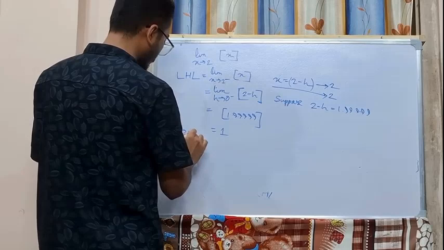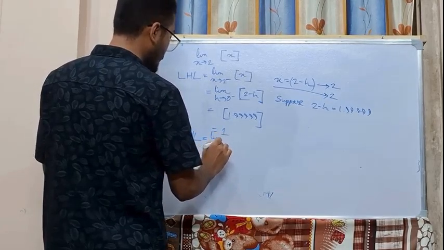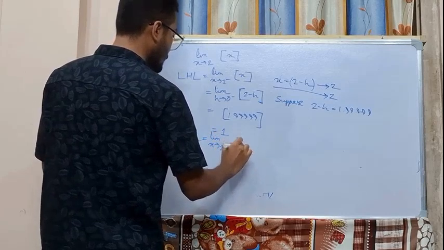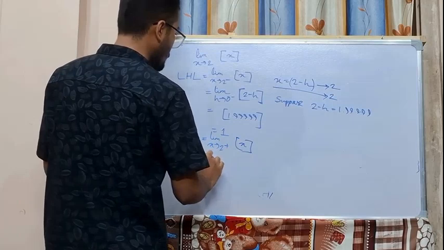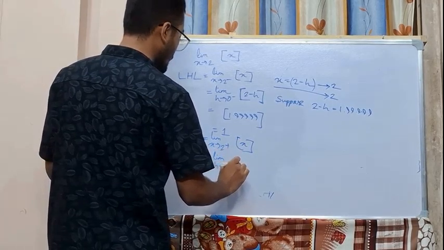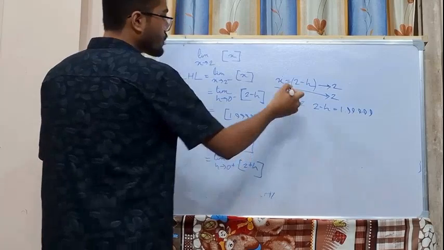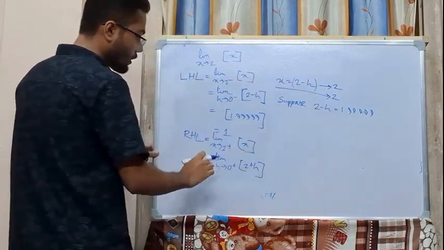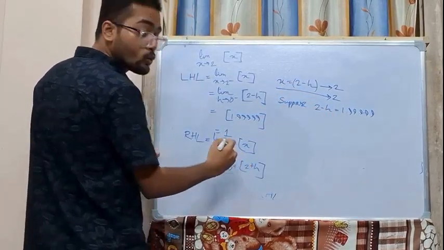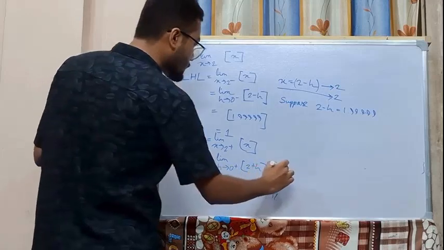Now what will be the right hand limit? This will be limit x tending to 2 plus, which is limit h tending to 0 plus 2 plus h, where 2 plus h is very close to 2 but slightly greater than 2.